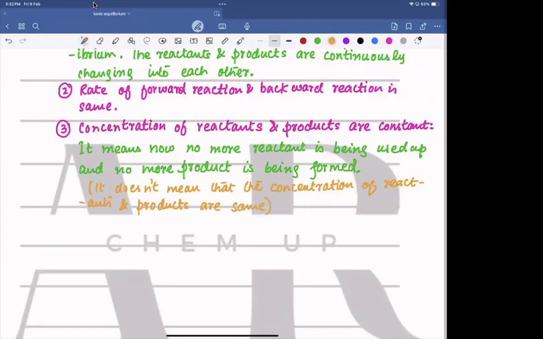They might be the same in very few cases, normally they are not the same, but constant.